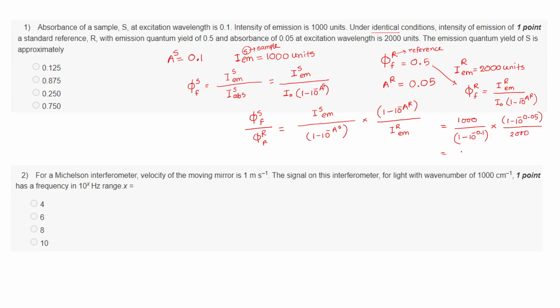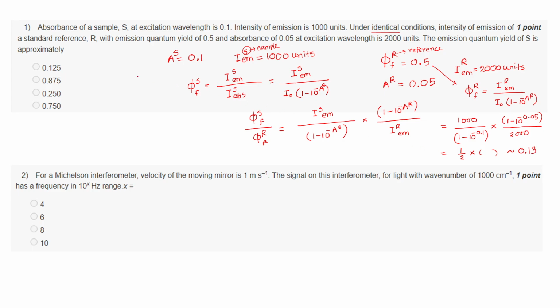I don't have any calculator with me, so can you do that calculation for me, or I will use my phone? The answer comes out to be 0.13. So something will come and it will be equal to 0.13.